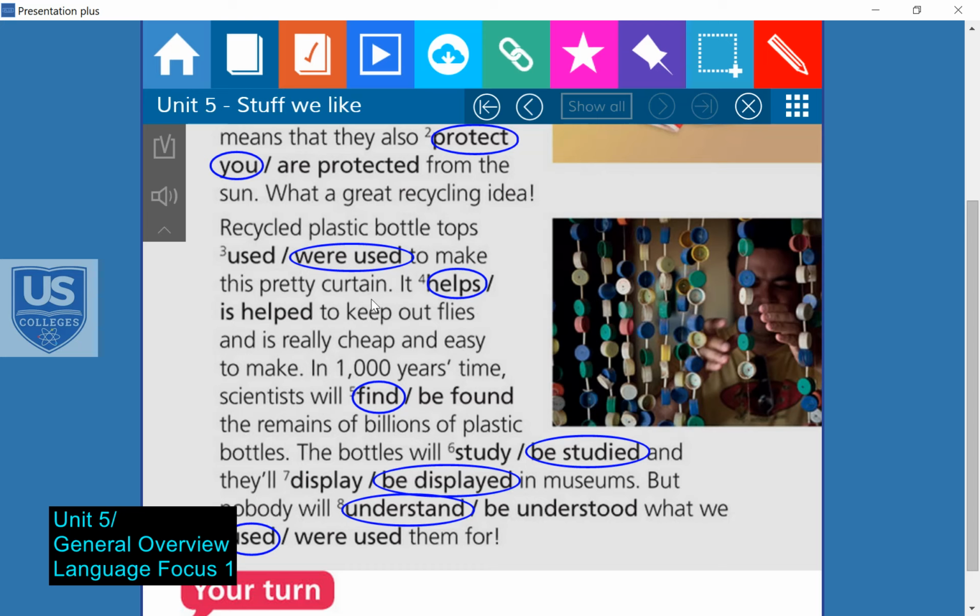Why? Because recycled plastic bottle tops cannot do anything on their own. They cannot be who or what does the action or did the action. That's why I concluded that this should be a passive sentence.